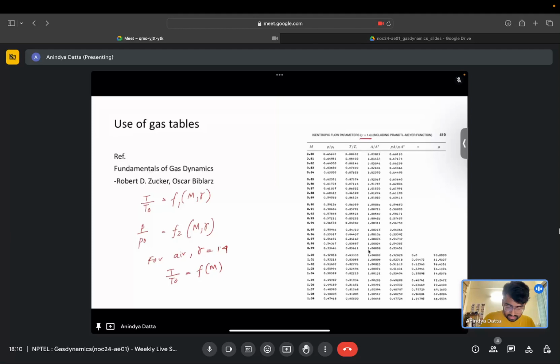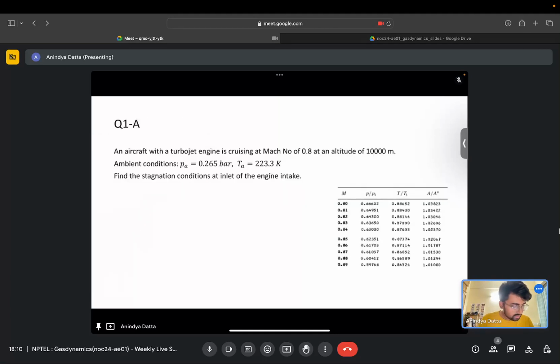Now let's solve a simple problem using that. We are given an aircraft with a turbojet engine cruising at a Mach number of 0.8 and an altitude of 10,000 meters.